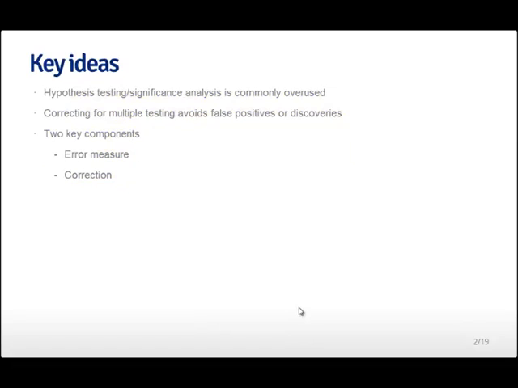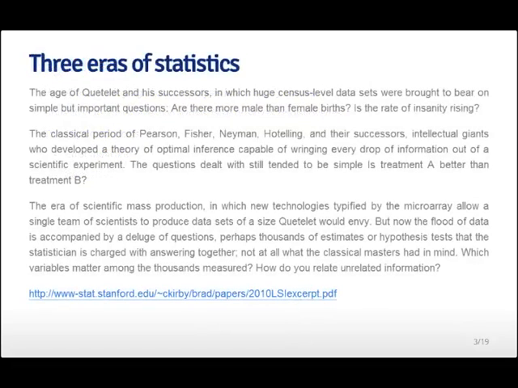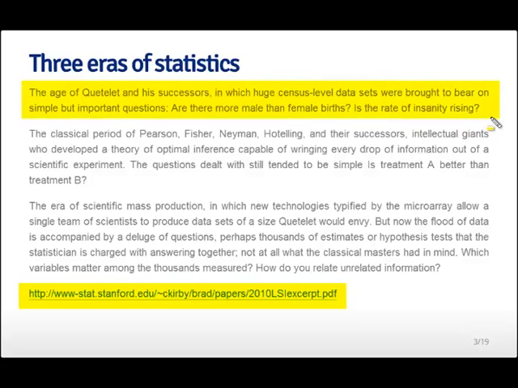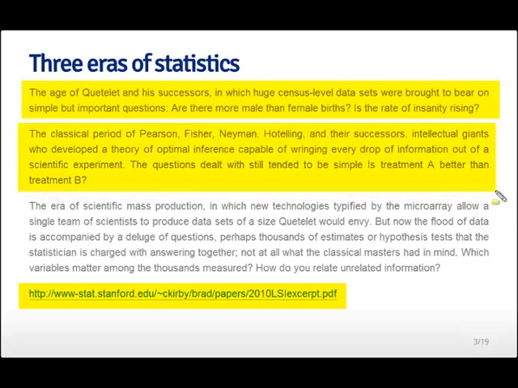So this is related to the three eras of statistics, which appears in this book by Brad Efron, a professor of statistics at Stanford. He talked about the three eras as the first era being when huge census-level data sets were brought to bear on simple but important questions, where they just collected a lot of data to try to describe a population. Then the classical period of statistics developed a theory of optimal inference for wringing as much information as possible out of small sample sizes.